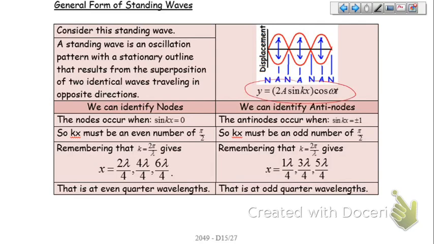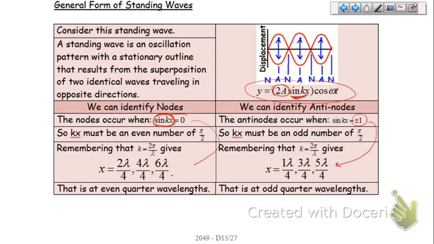And we can identify the nodes, and we can identify the antinodes. The nodes are where this guy is 0, because if you multiply that amplitude by 0, you get nothing. And the antinodes are where this guy is equal to 1, and so we can play around with it and get some expressions.